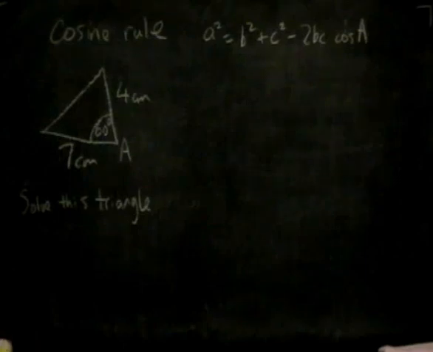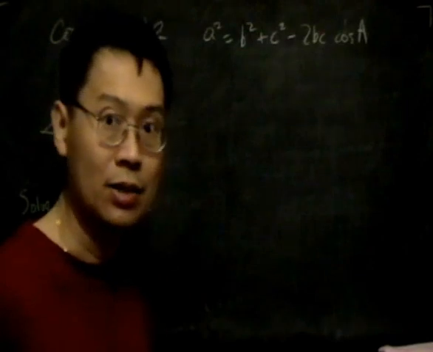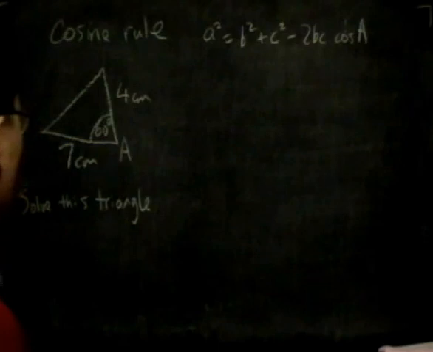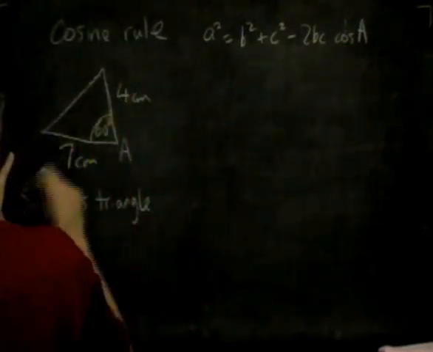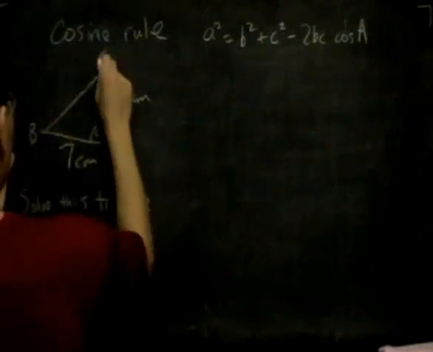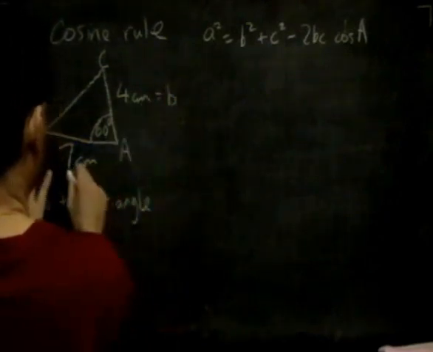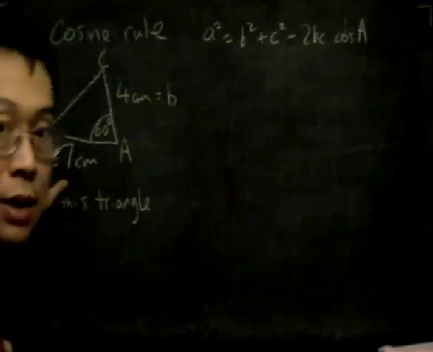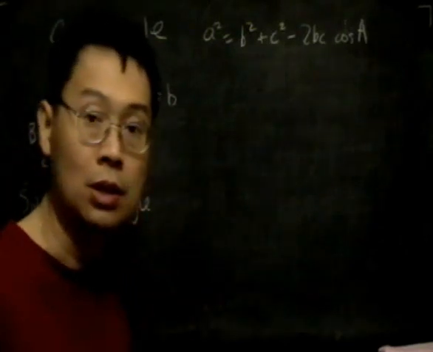This will make it easier for us to use the formula, because the formula is going to work for any angle, as long as we know what the angles and the sides are. So if I call that angle A, then those other angles will just be B and C. The 4 cm would be B, and 7 cm would be C. It really does not matter whether I call that B or C, because if I exchange B and C, the formula is still the same.